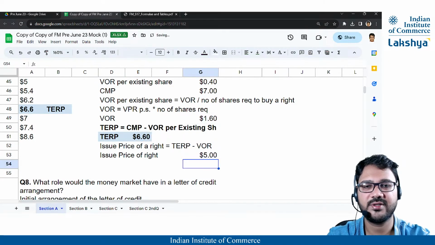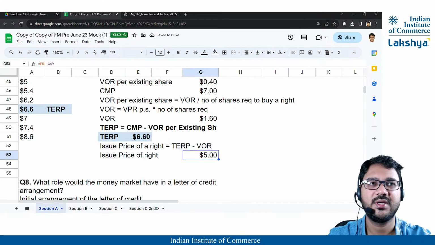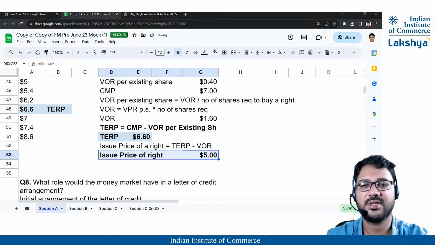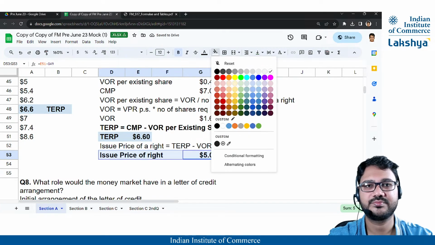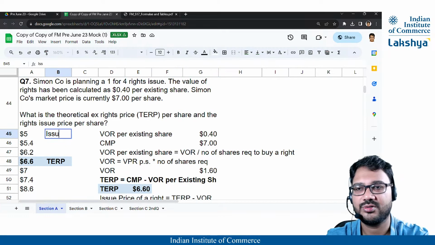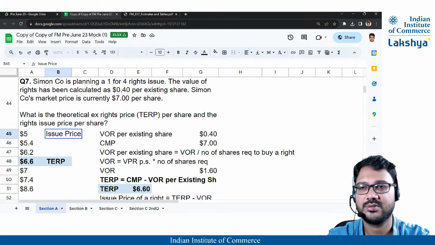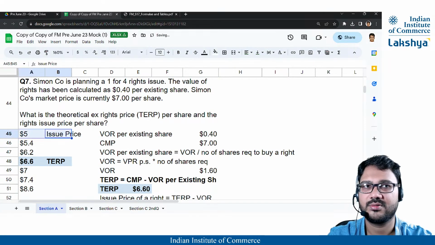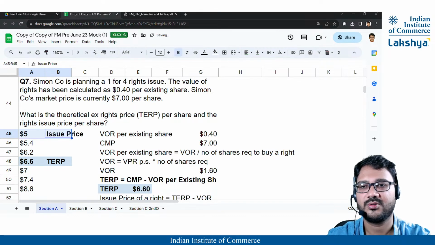The value of a right we have calculated. So $5 will be that. Okay. So we can just mark this also. So $5 is our issue price.